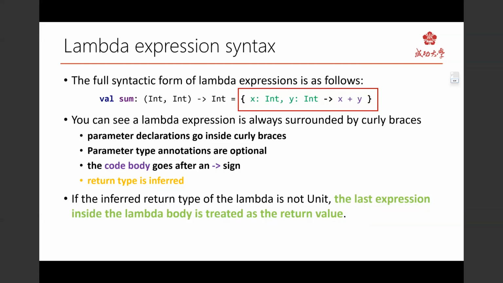Okay, so the return data type for a lambda is inferred, and we cannot specify the return data type for a lambda expression because it is inferred. Again, because it is important, I'm repeating: the value of the last statement of a lambda expression is the return value for the lambda expression.